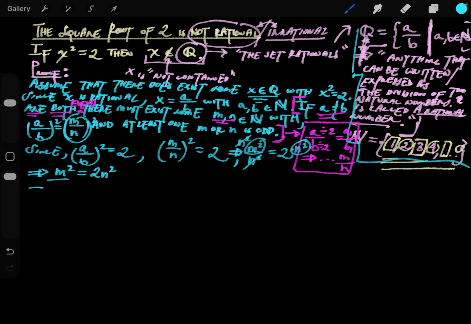Now, this equation, we want to start to look at what this equation is saying. The first thing to notice is that this is some natural number, and this is some natural number, because m and n are both natural numbers. So m and n are both somewhere in this set, right? And we know, or we're saying that at least one of m or n is odd, okay?